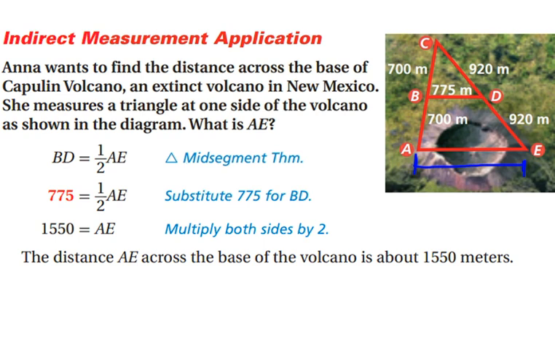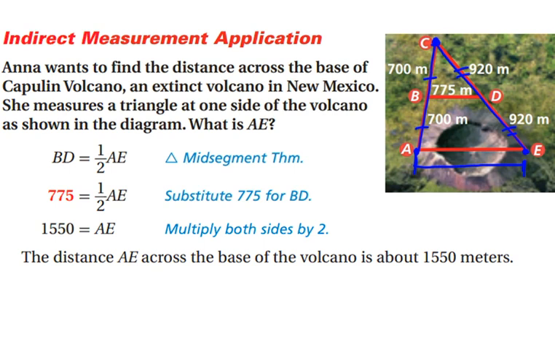So, using this whole idea of a midsegment, starting at point C, she measures down to point A, and the same thing, she has a line of sight to these spots, and measures to point E, and finds this midpoint and this midpoint. She can then figure out the distance from A to E going across.